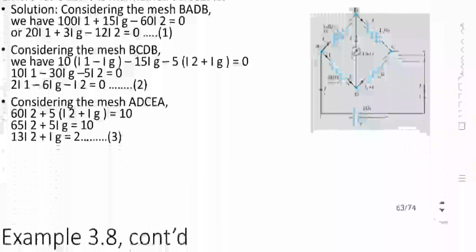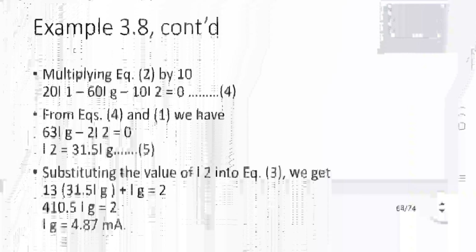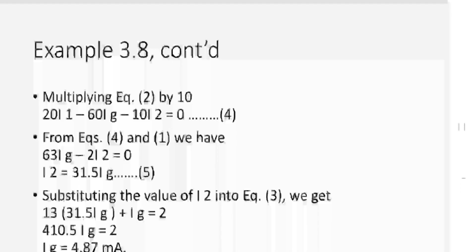For that solution, the second equation is multiplied with 10. So it becomes 20 I1 minus 60 Ig minus 10 I2 equal to 0. So from the first and this fourth, equate them and we have 63 Ig minus 2 I2 equal to 0. So I2 equal to 31.5 Ig.